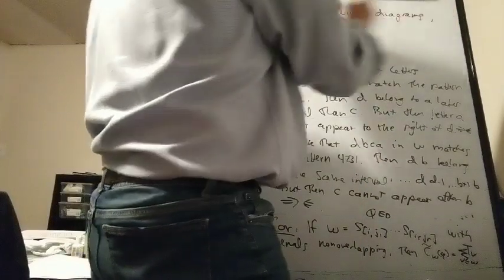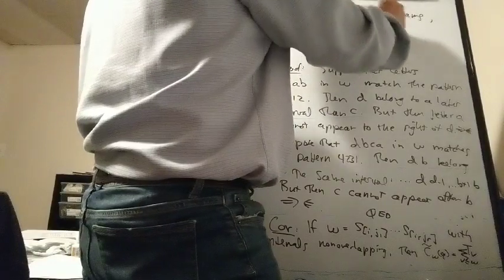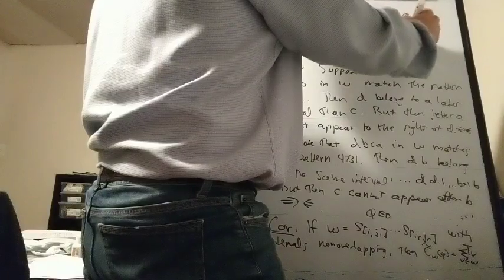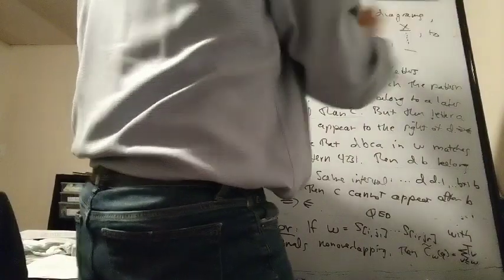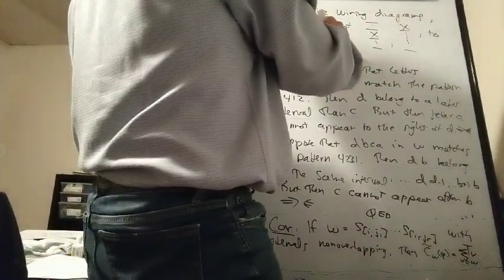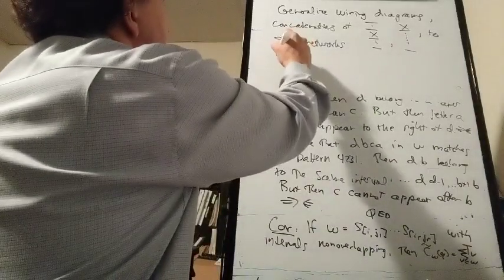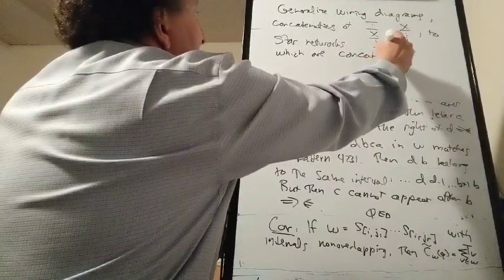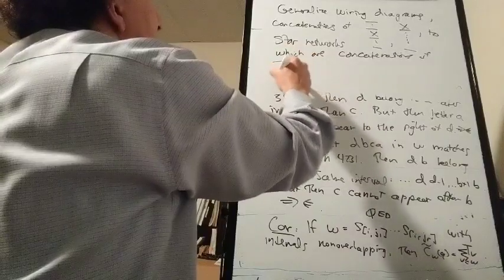So we'll generalize wiring diagrams, which are concatenations of pictures that look like this, with the x's in different places. We generalize those to star networks, which are concatenations of pictures that look like this.